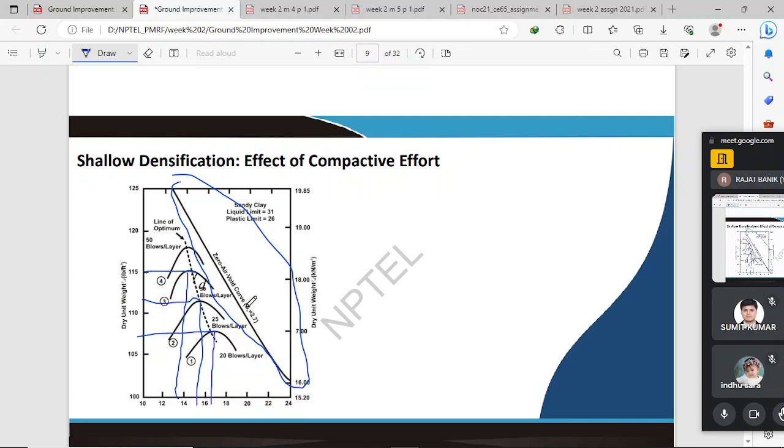So we always get a similar line for a particular soil. It is called the zero air void line. That means theoretically we reduce the air voids completely to zero. So we get a similar type of curve, which goes from upward to downward as the moisture content increases.